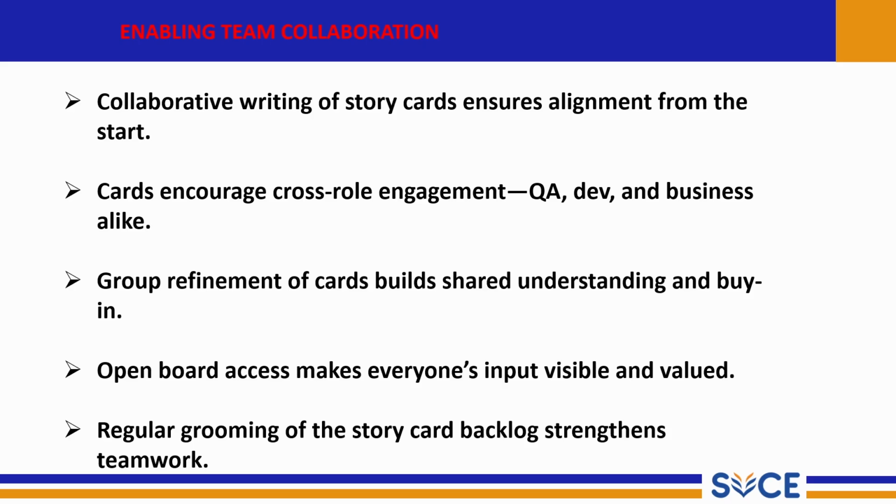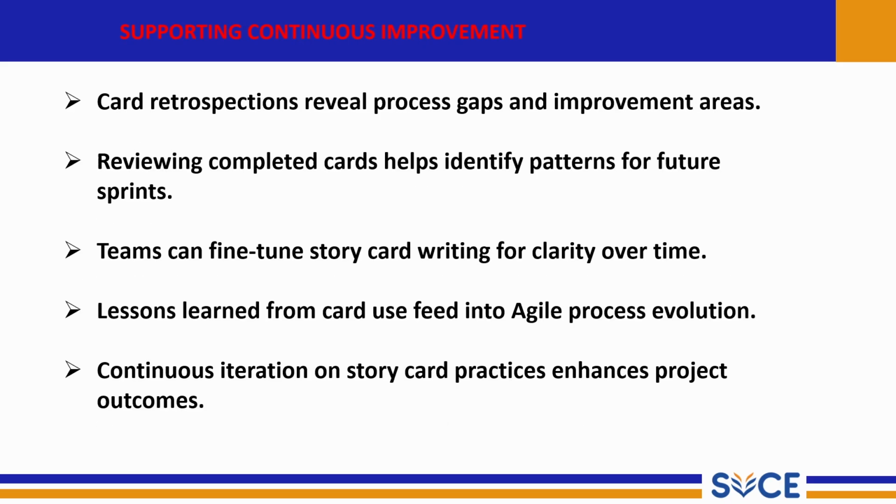In the next slide, we'll see supporting continuous improvement. Card retrospectives reveal the process gaps and improvement areas. Looking back shows what can be improved. Reviewing the completed cards helps identify patterns for future sprints.